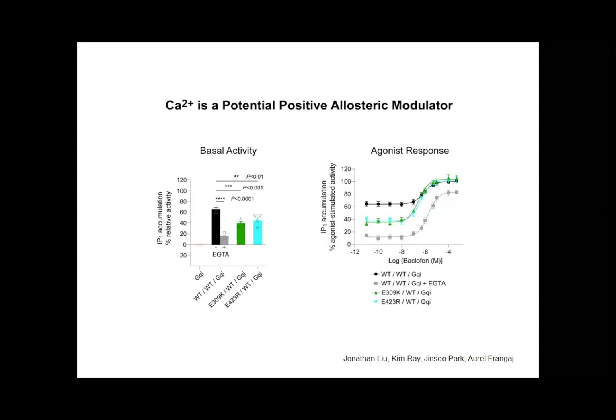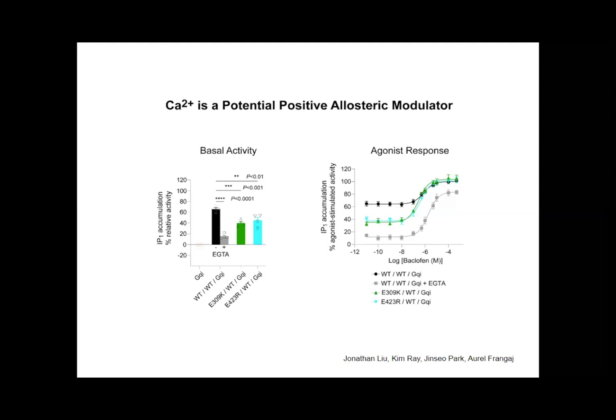Second, we introduced single charge reversal mutations at the calcium binding site, E309K and E423R in GABAB1. Both mutations had similar effects on the basal activity of GABAB receptor as EGTA, but to a lesser extent than EGTA. These data suggest that calcium may act as a positive allosteric modulator of the receptor.